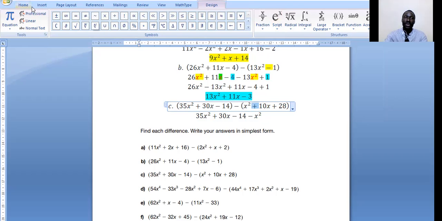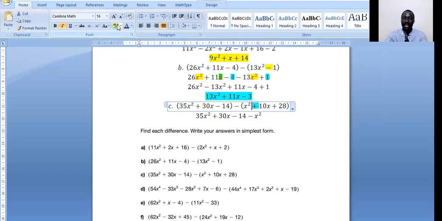Now notice that because we have this plus in front of 10, when we multiply this negative which is outside with this positive which is in front of 10, we get negative times positive, and that is negative 10x.